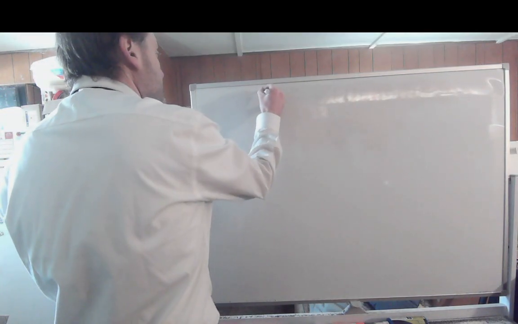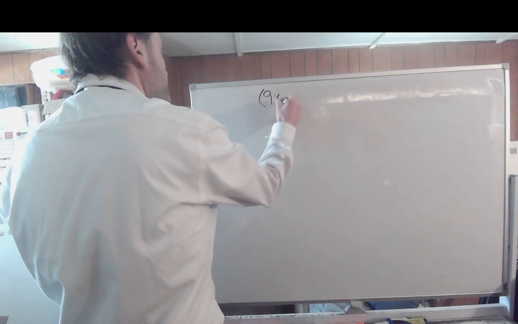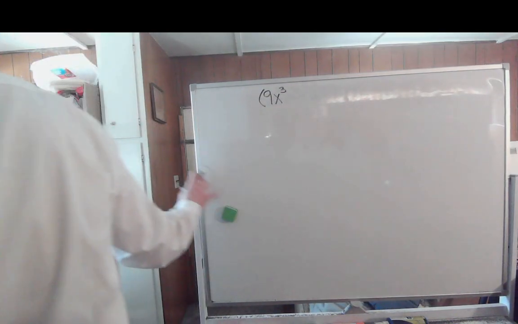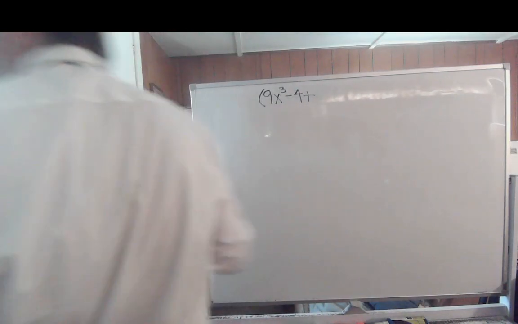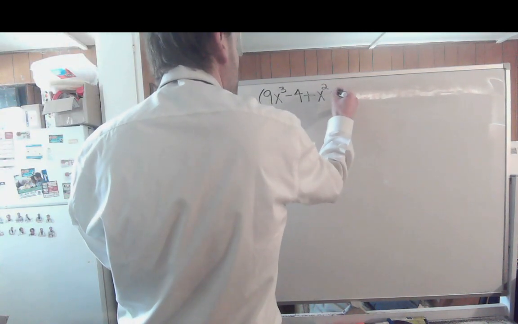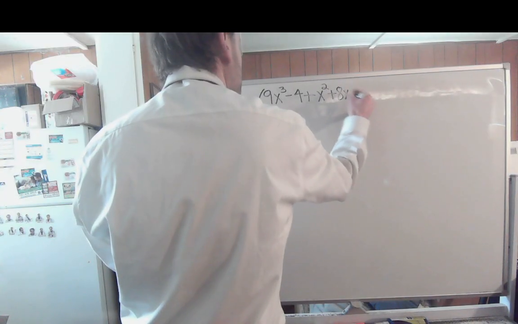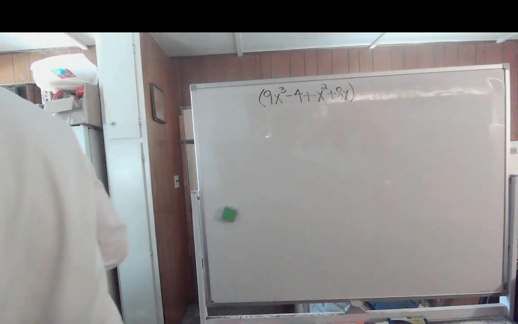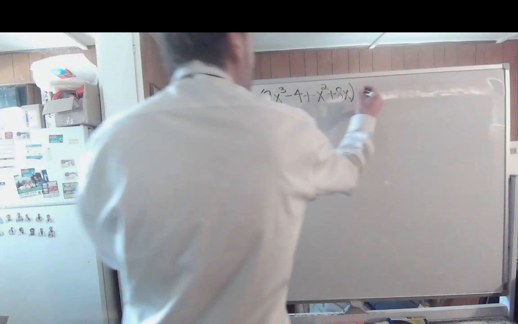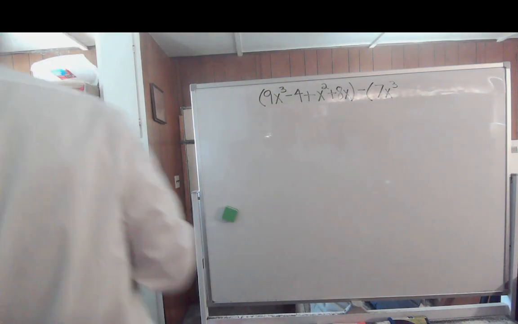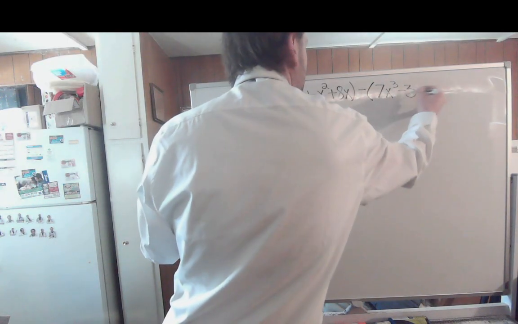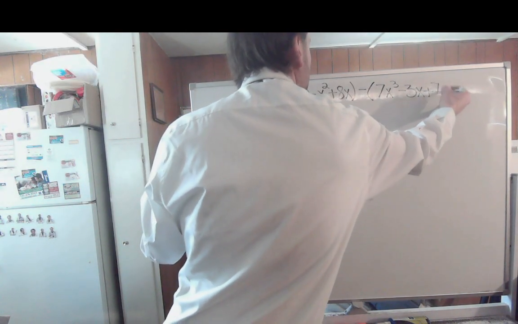Let's see, 9x to the third minus 4 plus x squared plus 8x, that whole quantity, minus the quantity of 7x to the third minus 3x plus 7.